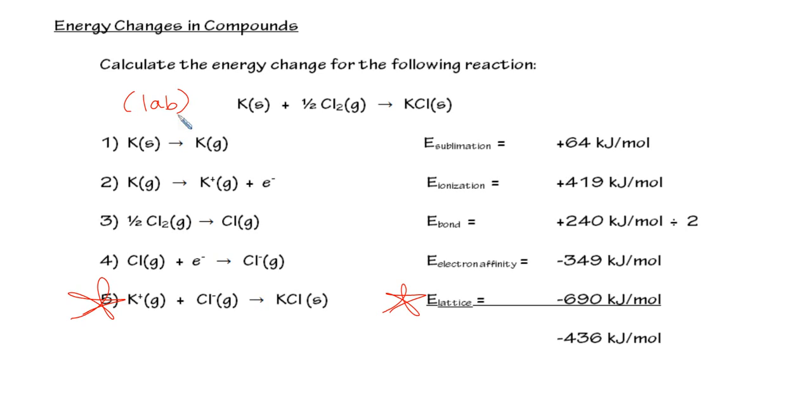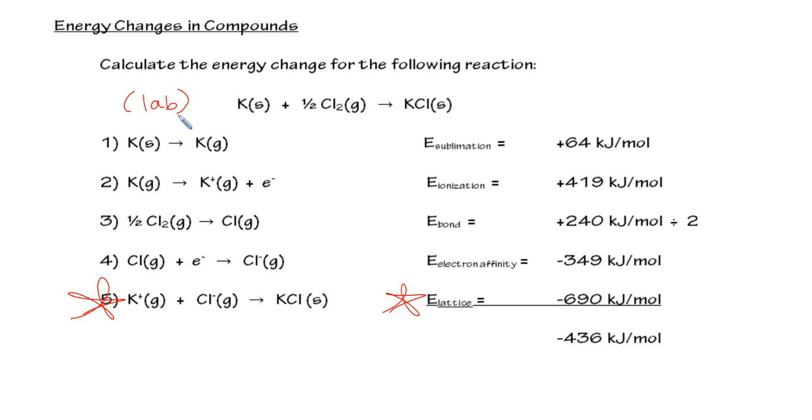Turning something from a solid phase to the gaseous phase. Sublimation is an endothermic phase change. You have to add energy to separate those potassium atoms from the solid phase to the gas phase. So notice that the first step here, sublimation, is an endothermic value. We're going to need to add 64 kilojoules per mole.